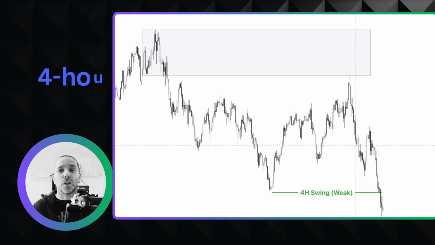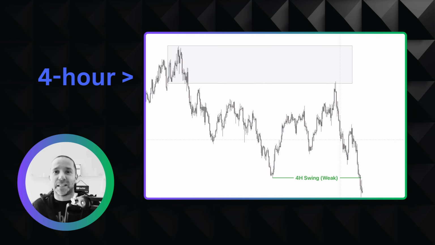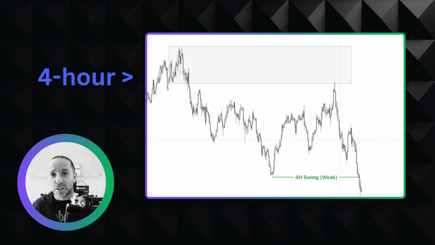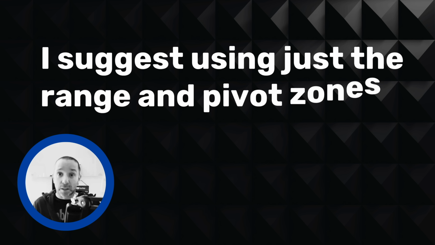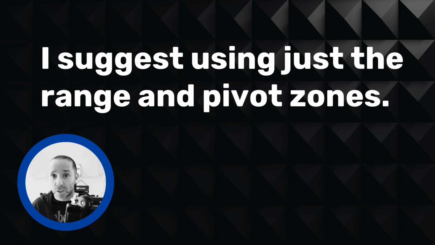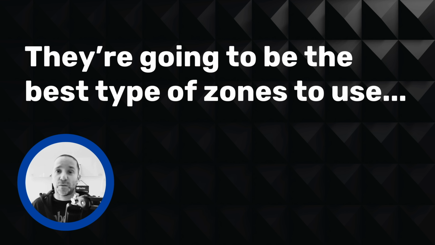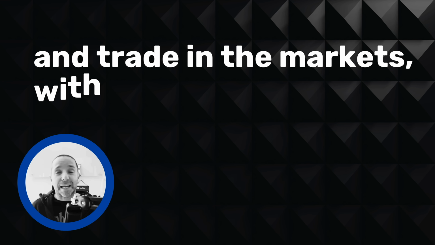Now, when we look down to the lower time frame here, we can see this created an area of a range zone with a drop out, and that's how we can look at using the fractal zone when we're looking to take those trades. So what do I suggest doing? I suggest using just the range and the pivot zones. They're going to be the best types of zones for you to use and trade in the markets with supply and demand.